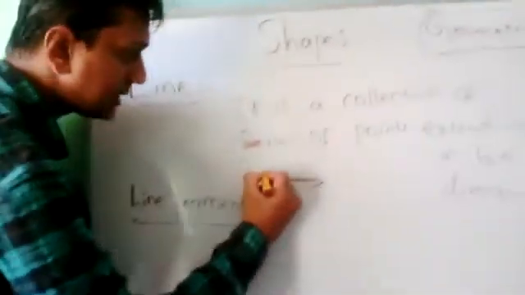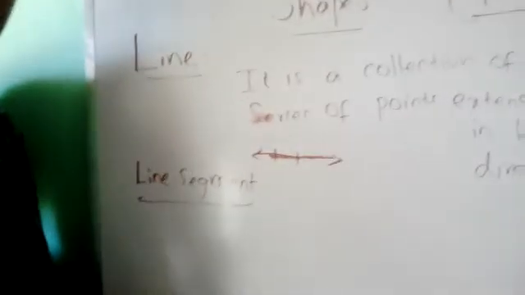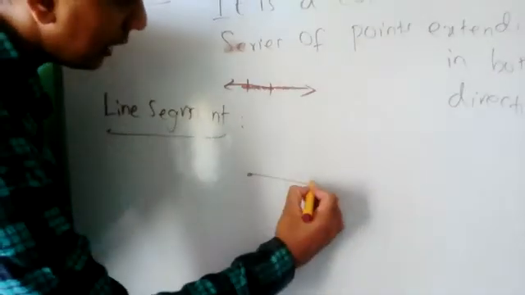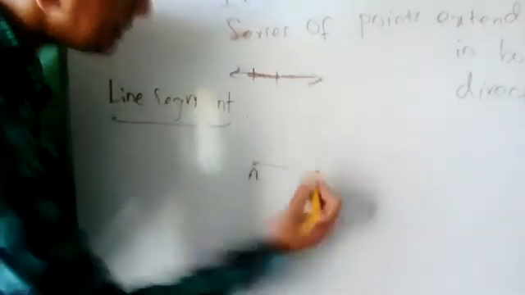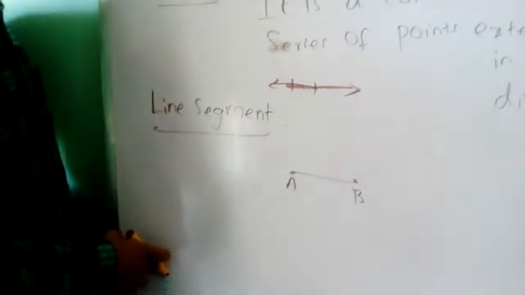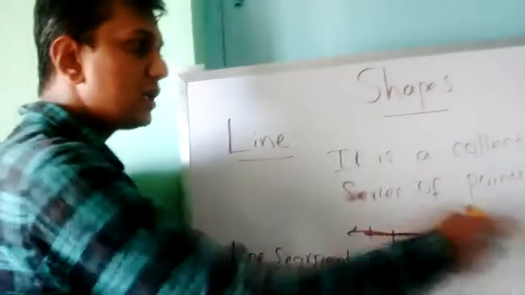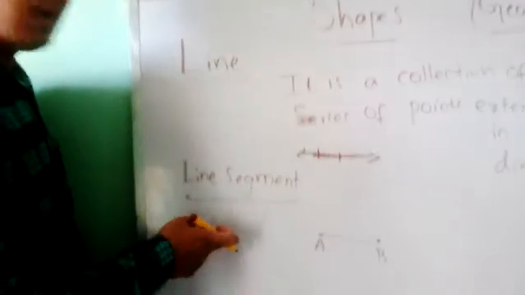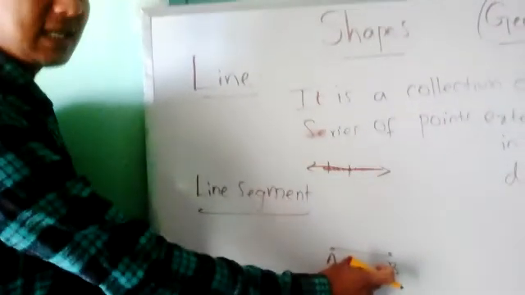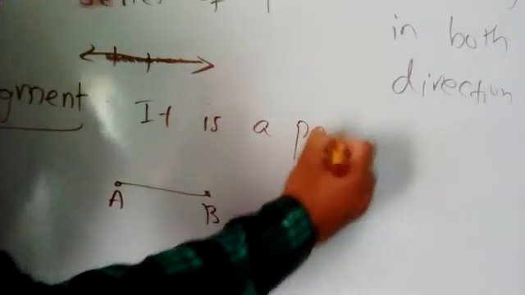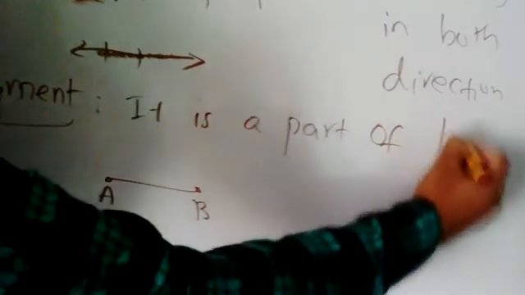When you take some portion of the line, it is called a line segment, because it contains endpoints. A line does not have endpoints. It can be extended in both directions, but a line segment will have a fixed or definite length. So what can be the definition of a line segment? It is a part of a line.